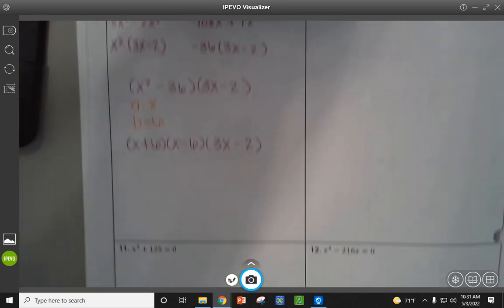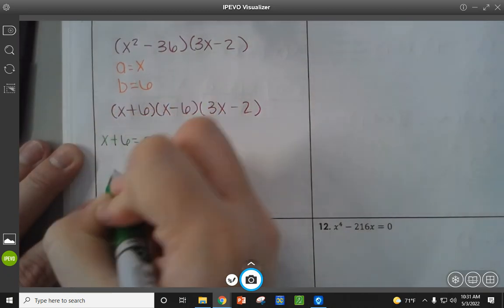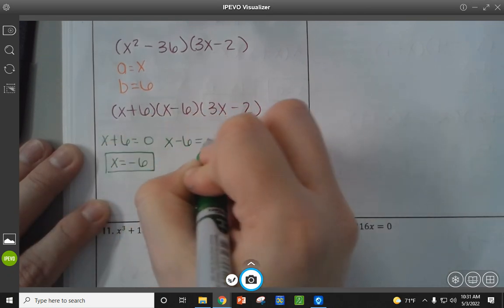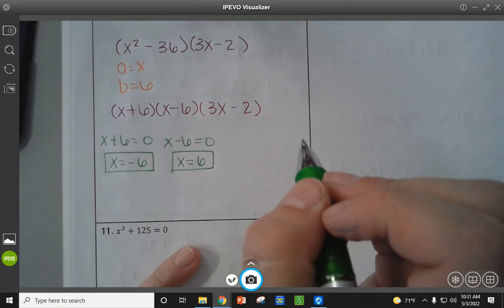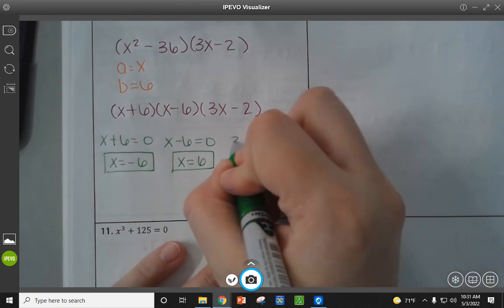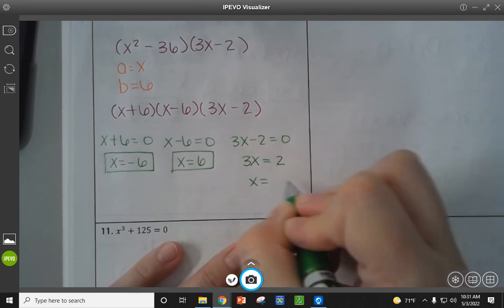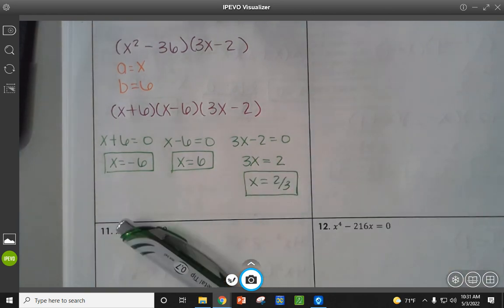And now you can set each one equal to 0 and solve. So you get -6, +6, and 2/3.